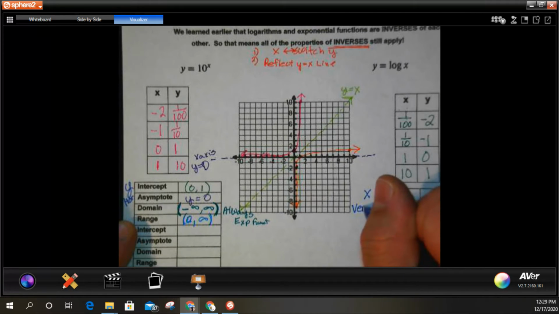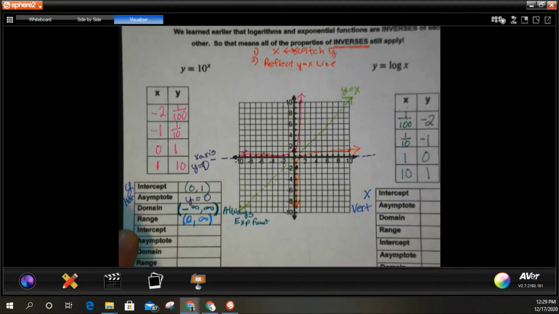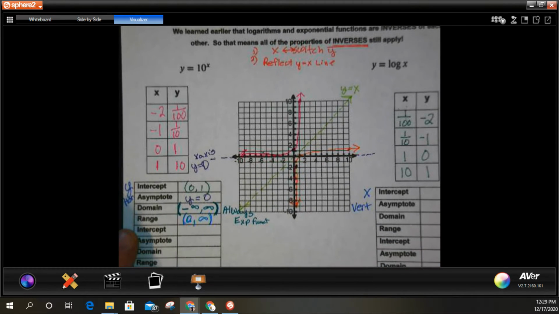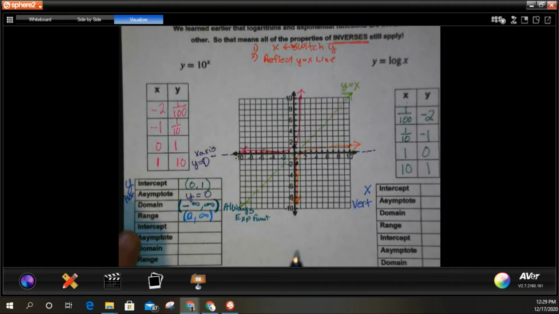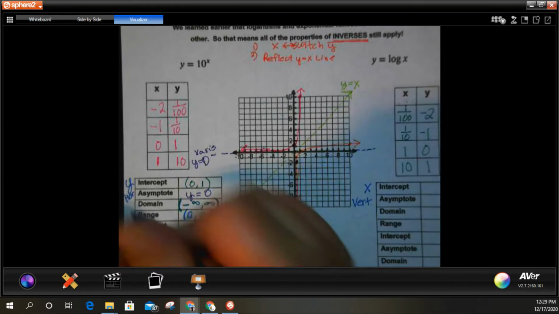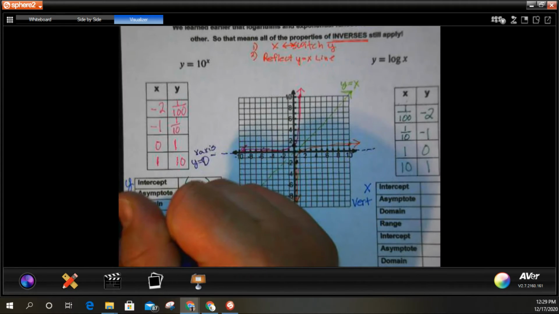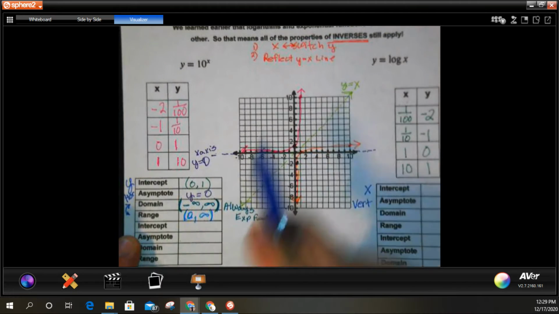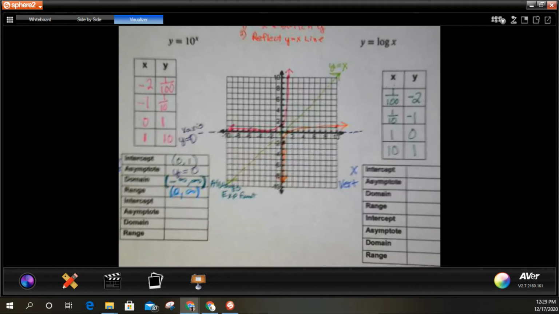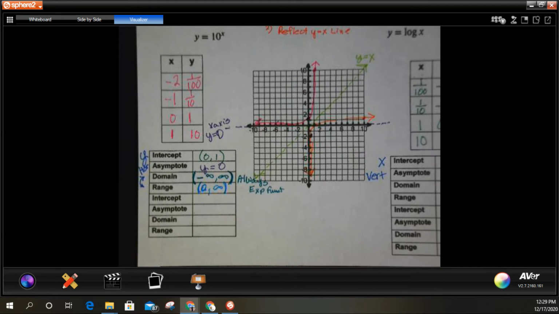What do you think is going to happen with the domain and range? I'm just guessing here, but I think they're going to switch. And we know they're going to switch because it's a property. So let's go ahead and figure these out and see if everything matches up.